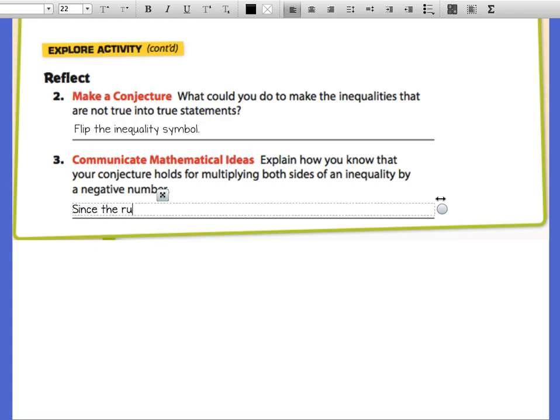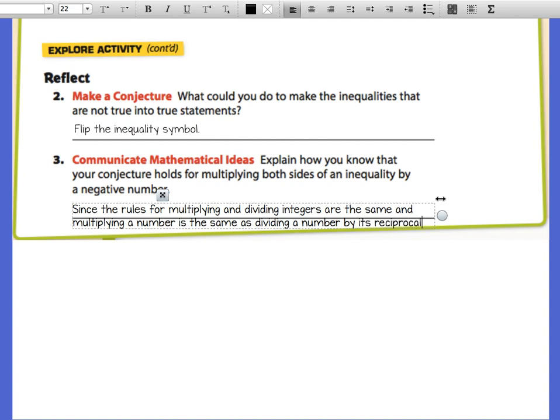So since the rules for multiplying and dividing integers are the same, and multiplying a number is the same as dividing a number by its reciprocal, this will hold true for multiplication.